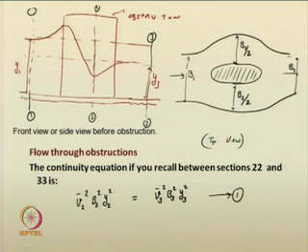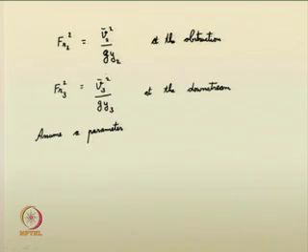Say I can write it as equation 1. Now, apply the Froude numbers in that continuity equation. Also, you can assume a parameter, say sigma, which is nothing but the ratio of B2 and B3, so it is B2 by B3.